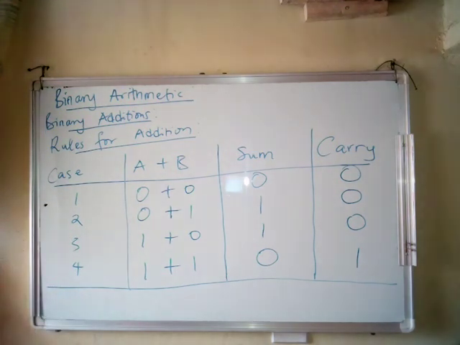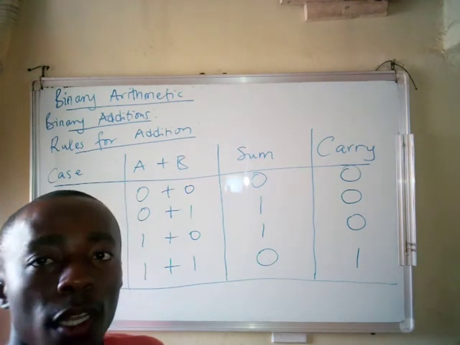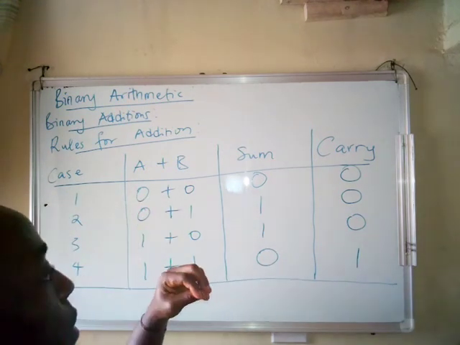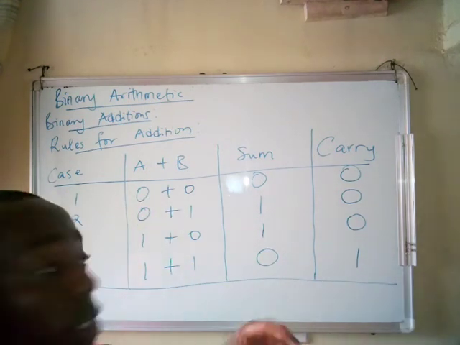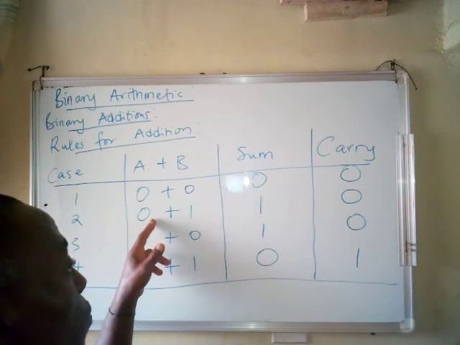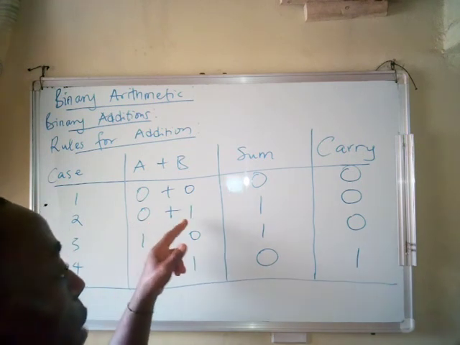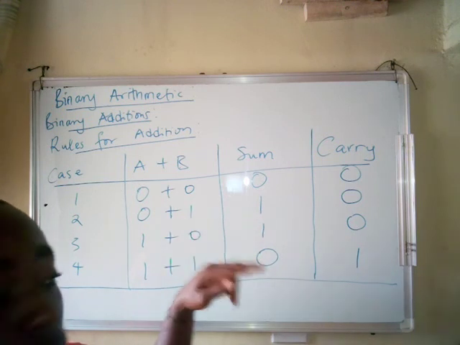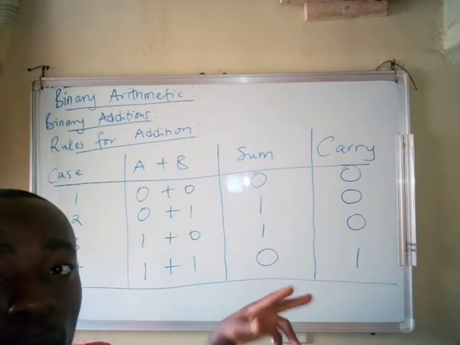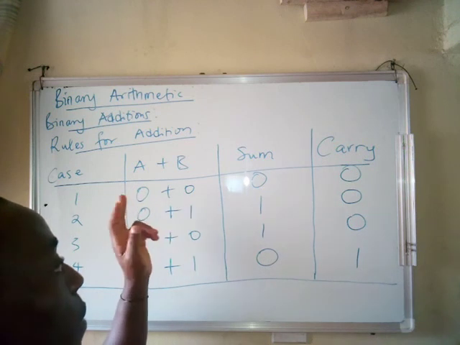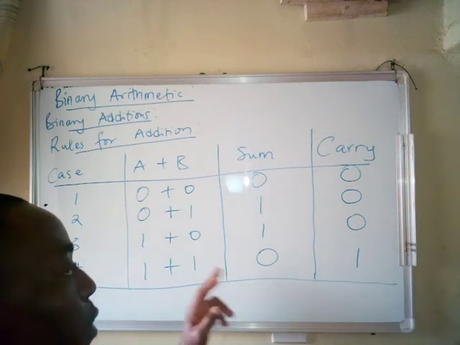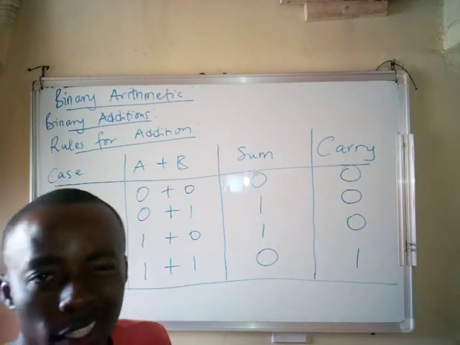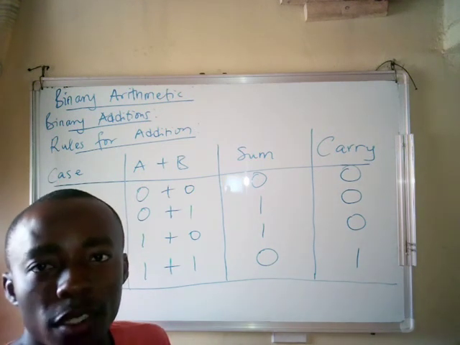If you remember when we also did directed numbers, plus times minus will give you what? Minus. Minus times plus, minus. But once they are the same, minus times minus, plus times plus, you get your plus. So it's just a little bit of that.